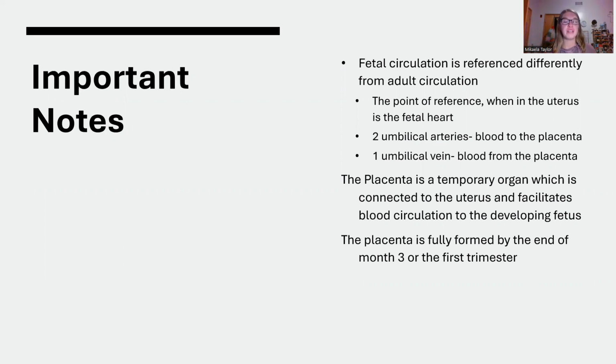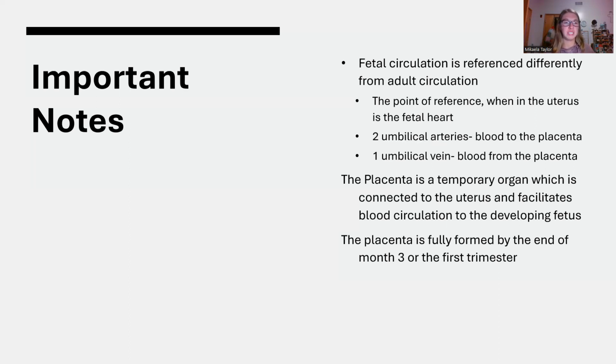And then there's one umbilical vein. It carries blood from the placenta to the fetal body, which is a little different. The umbilical vein is being fed by arteries from the mother, and the umbilical arteries are coming from the heart when blood is deoxygenated.